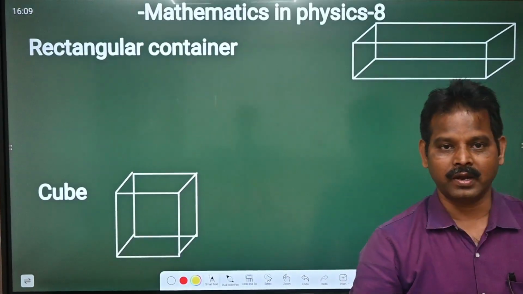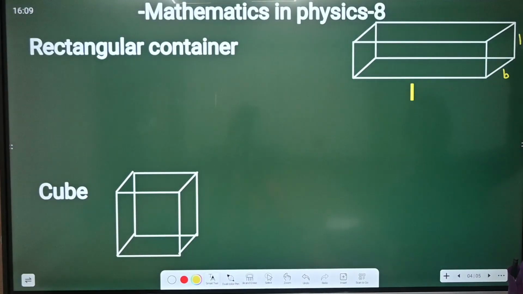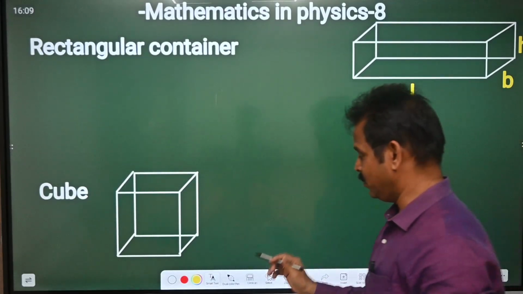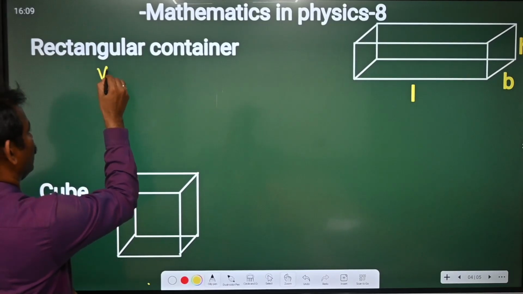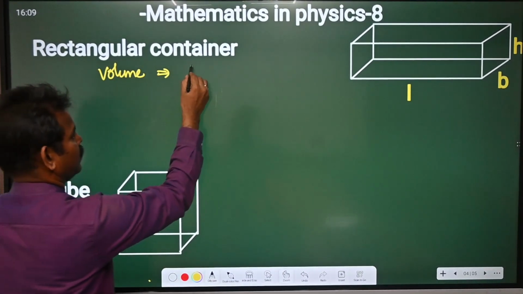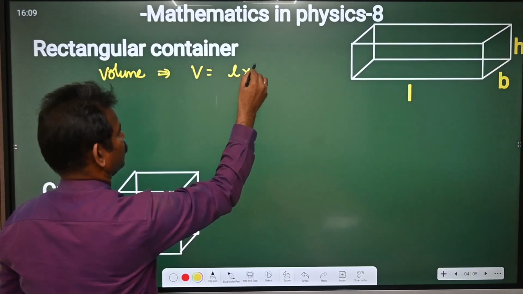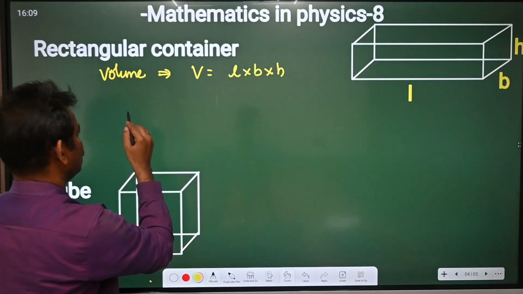Here I have taken a container of length L, width B, height h. In this case, L, B, H are given. The volume of this container is given by the product of length into width into height, that is LBH.